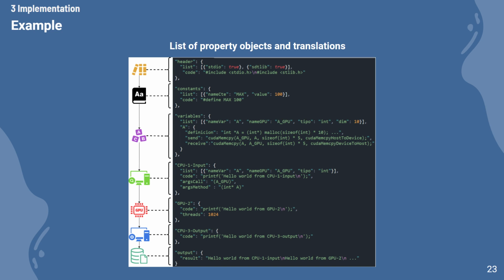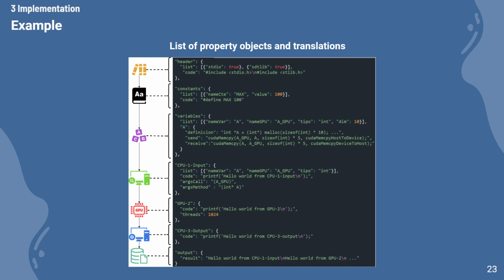Each of the translations performed in GLG is stored in an object list, which facilitates access to the individual fields of each translation and allows maintaining a logical order in the generated code.